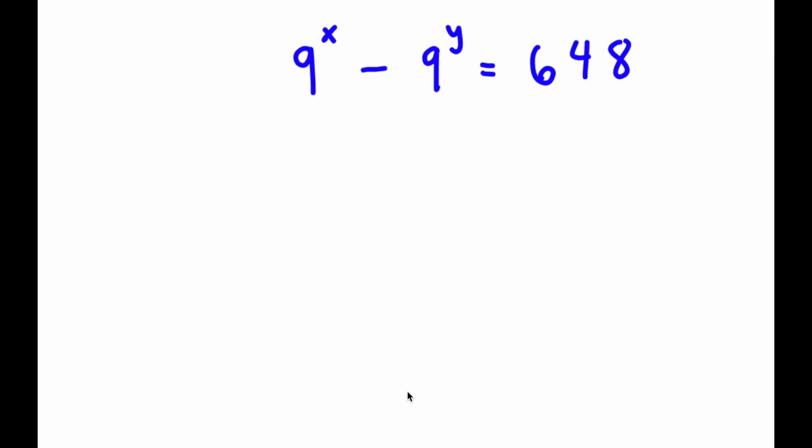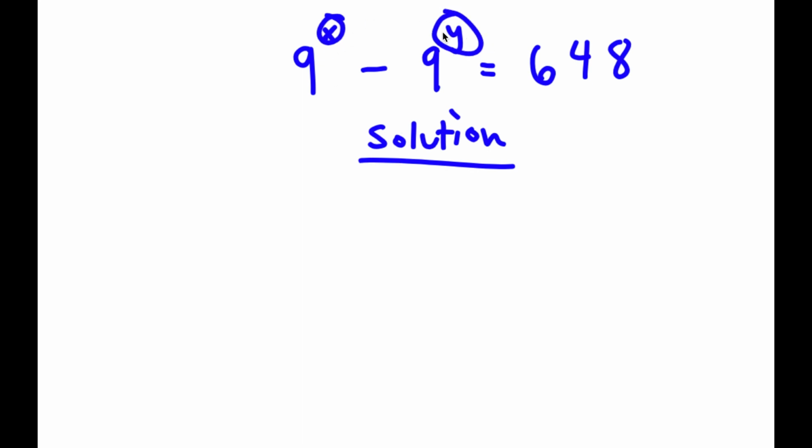Alright, so in this problem, I have 9 to the power of x minus 9 to the power of y is equal to 648. So for my solution, I'm going to first start by looking at x and y here.